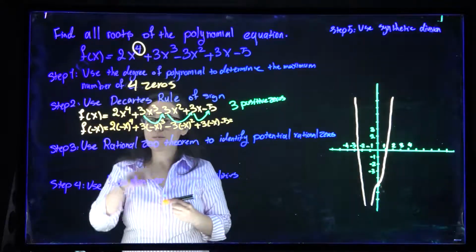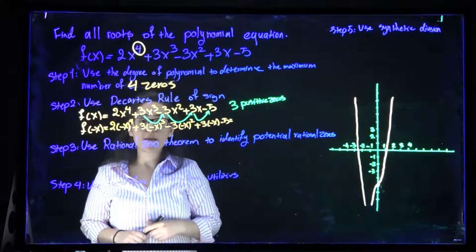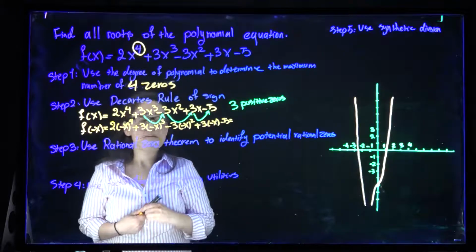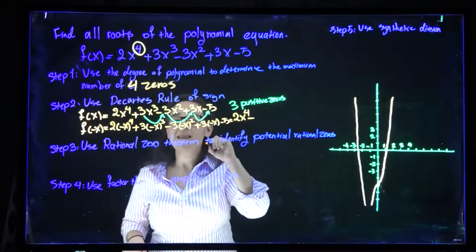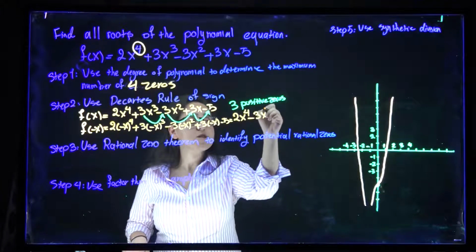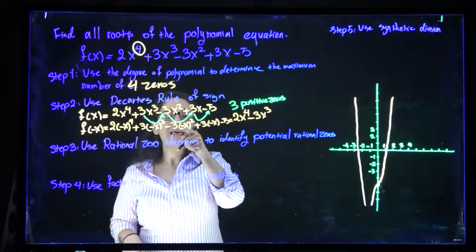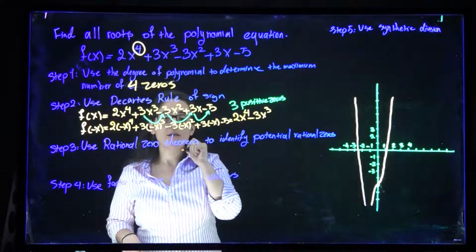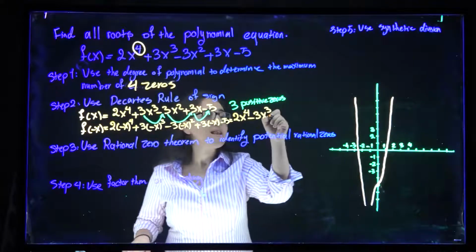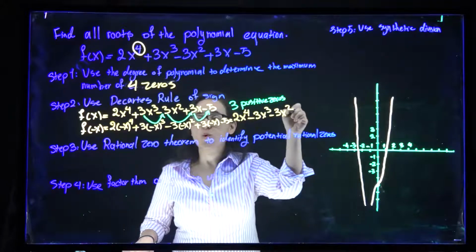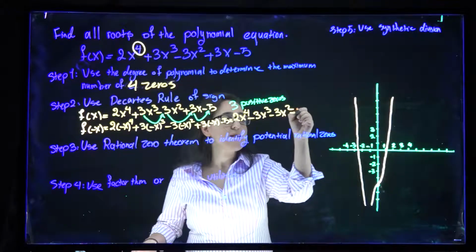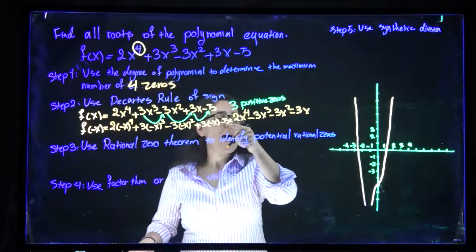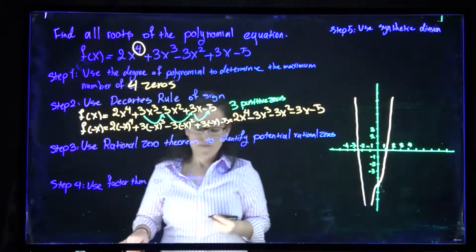Remember, whenever the exponent is even, the sign is going to be positive. So I have 2x^4 - 3x^3. Negative x squared is just x^2, so I have -3x^2. Negative x multiplied by 3 is -3x. And I have that -5.